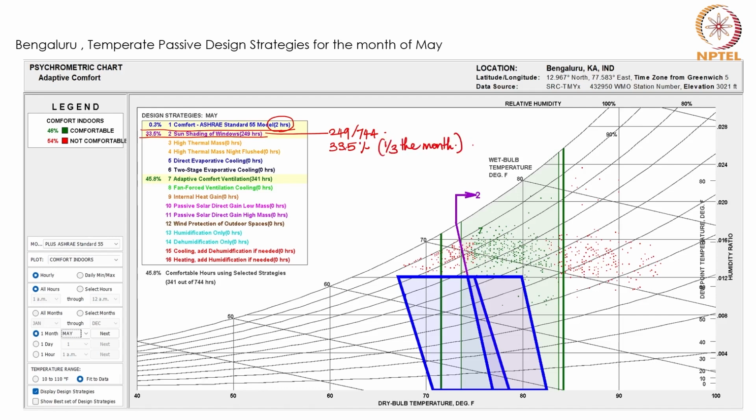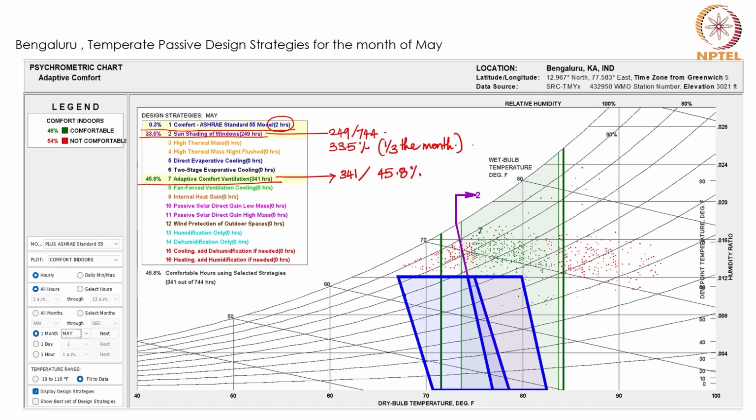Whereas, if you additionally use adaptive comfort ventilation, then the indoors become comfortable by 341 hours, and that amounts to 45.8%.